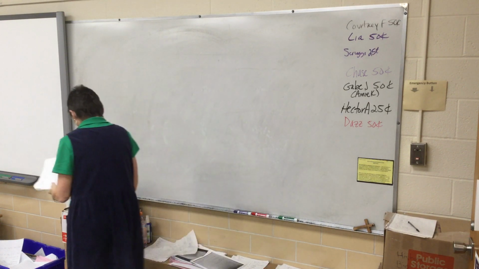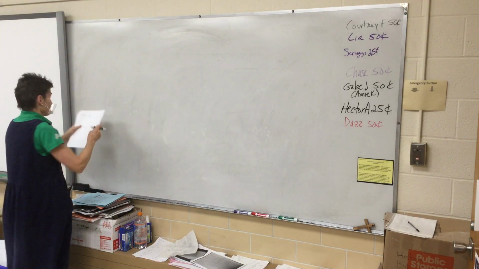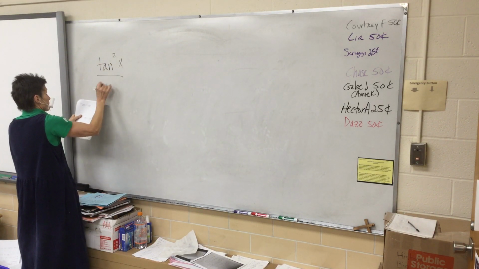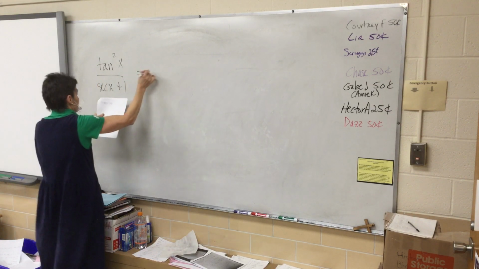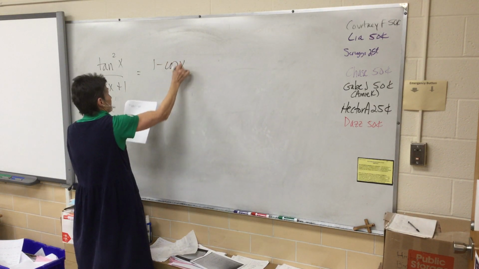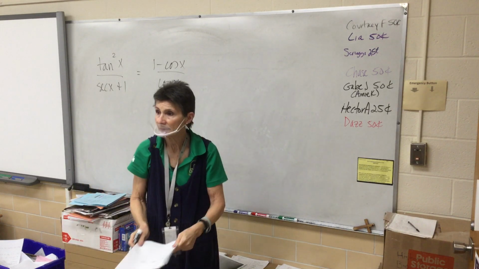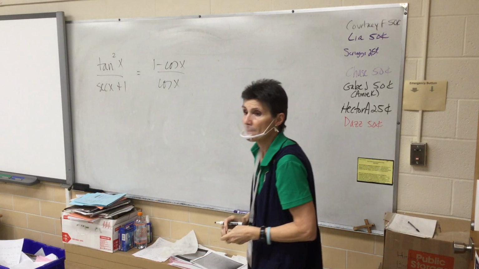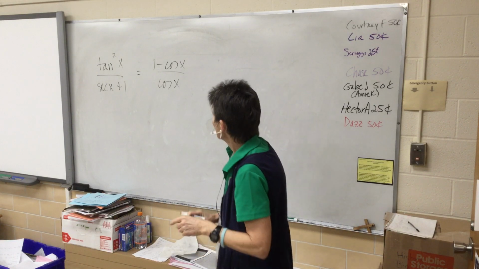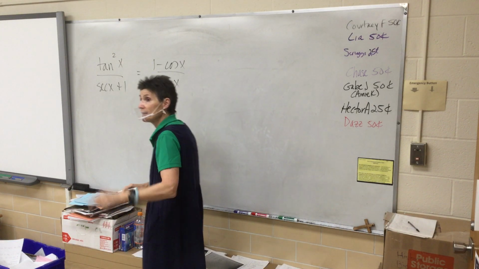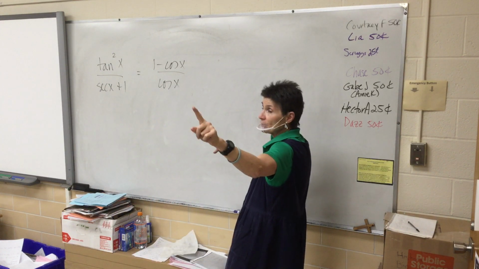All right, so let's take a look at number 5. Do you have a plan, an idea, any kind of thought at all? Make the top one secant squared minus 1. Now, very good, Jesus.